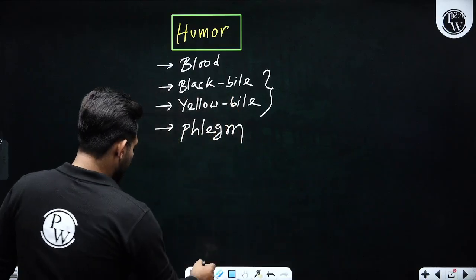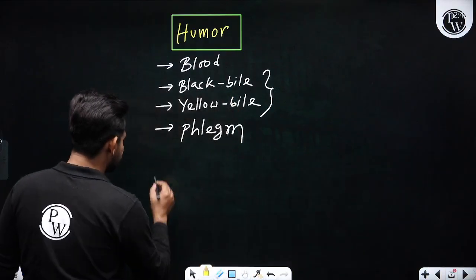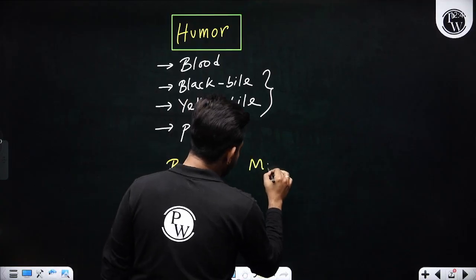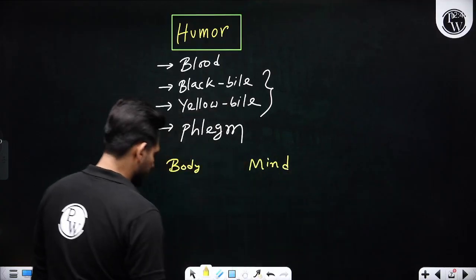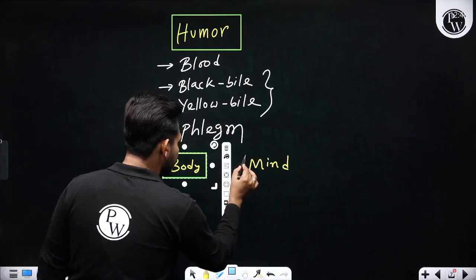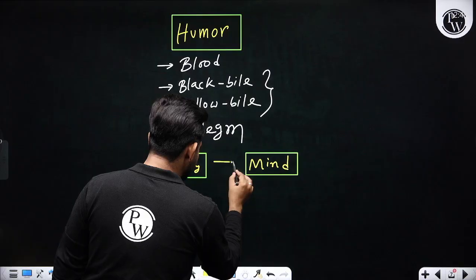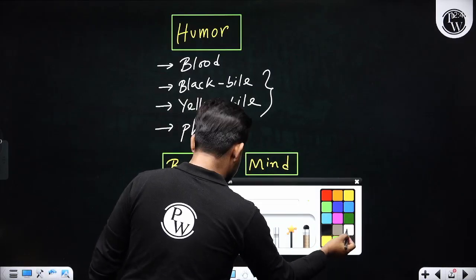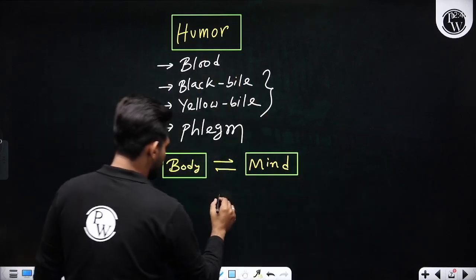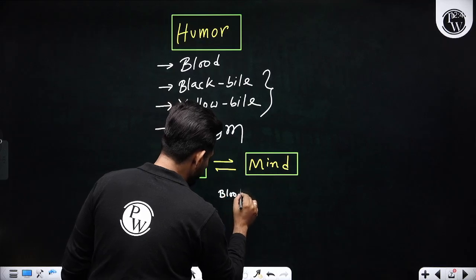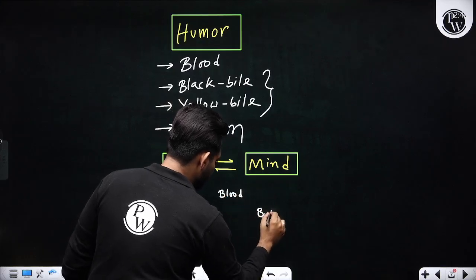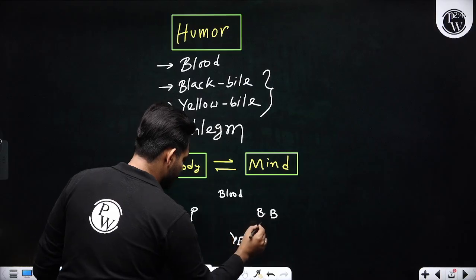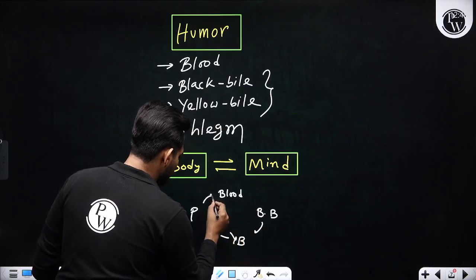They used to believe that health is a state of body and mind. There should be balance between body and mind, and it can be balanced by balancing these humors. There should be proper balance between blood, black bile, yellow bile, and phlegm.